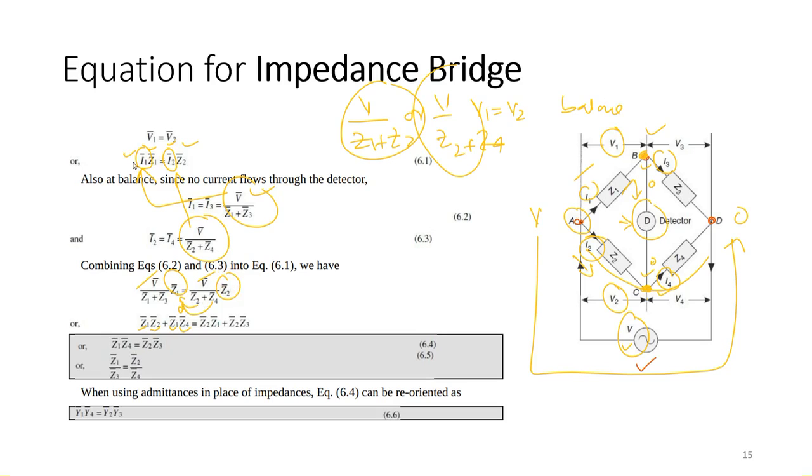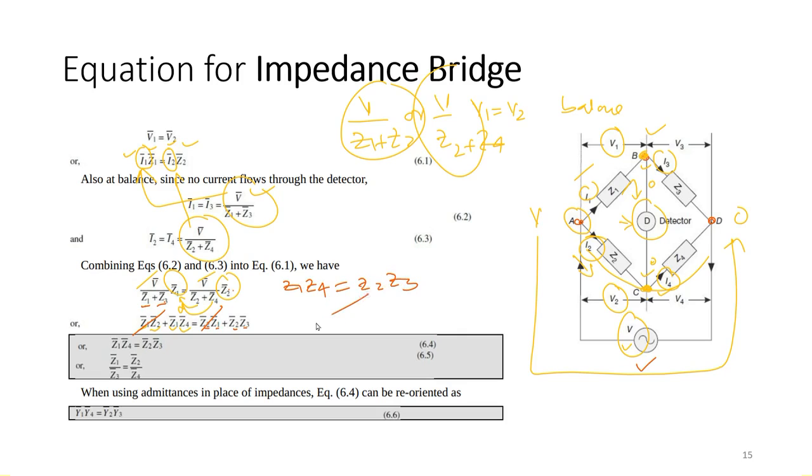Similarly with Z2 we multiply Z3 and Z1, so Z1Z2 and Z3Z2. So we got this equation. Now the Z1Z2 cancels out with Z1Z2, and we are left with Z1Z4 equal to Z2Z3.